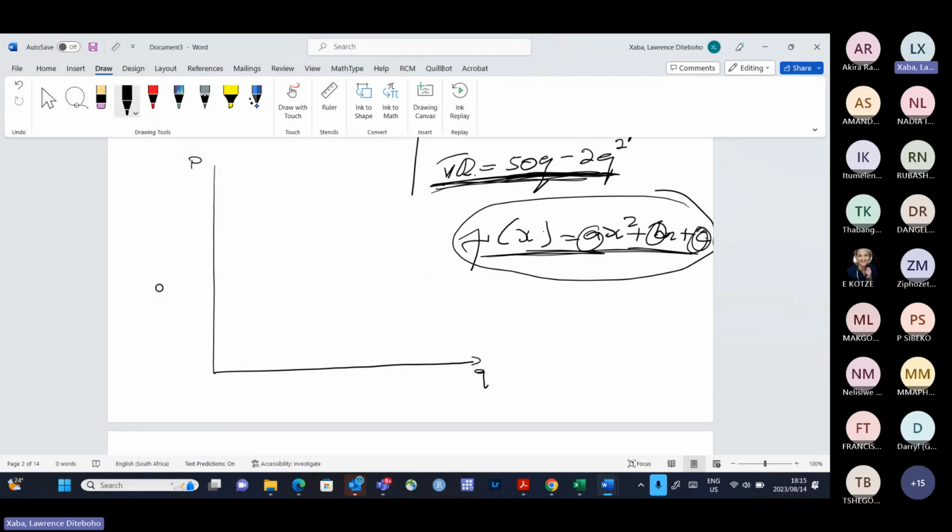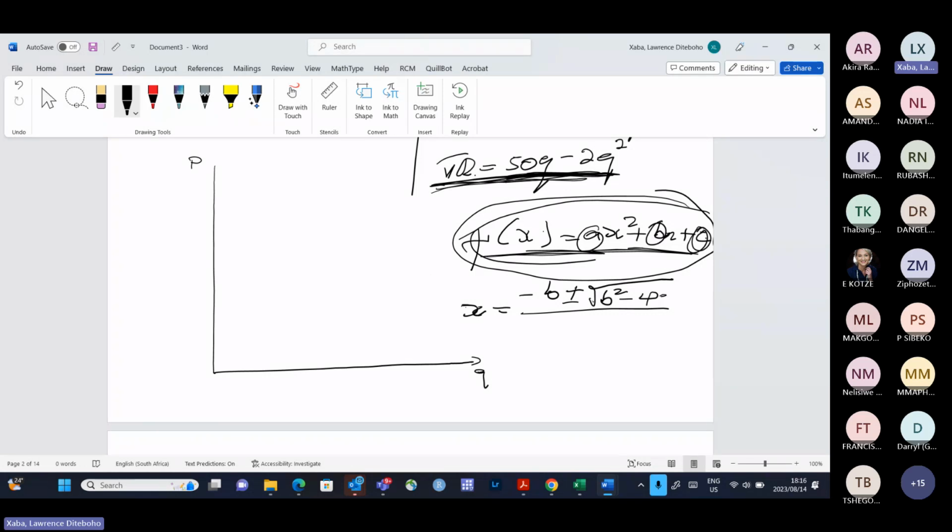And 3, we are saying the roots of the quadratic equation, which is ax squared plus bx plus c equals 0, are found where the graph crosses the x-axis. To find the roots we use this formula, which is derived from the Pythagoras theorem.